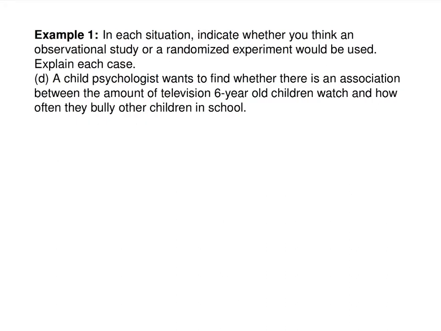A child psychologist wants to find whether there is an association between the amount of television 6-year-old children watch and how often they bully other children in school. It's probably the case that the psychologist cannot make people watch a certain amount of TV because they don't have that much control.